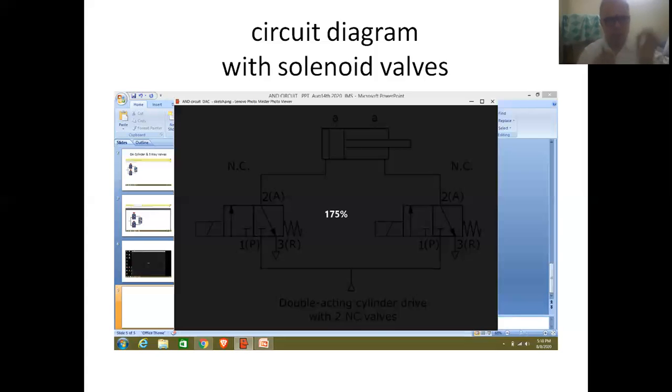That means, it's a pull type of solenoid. If you switch on the solenoid, it will move the plunger in the reverse direction, and the valve will come to the first position.